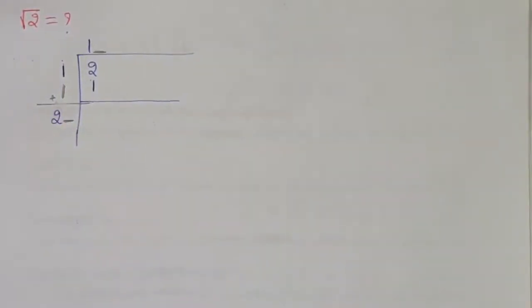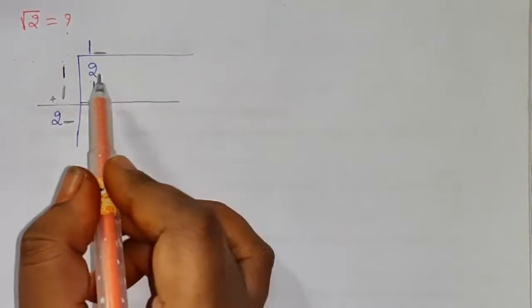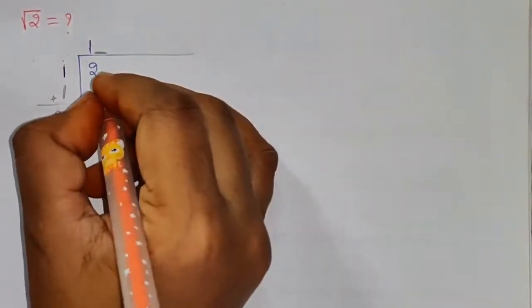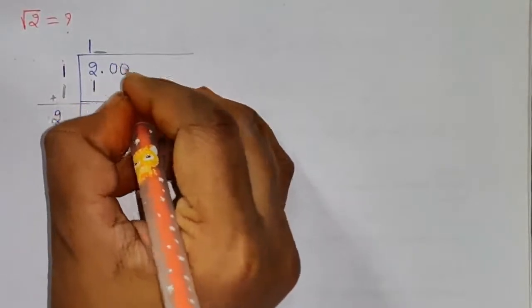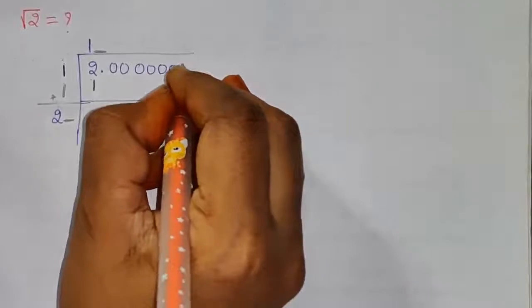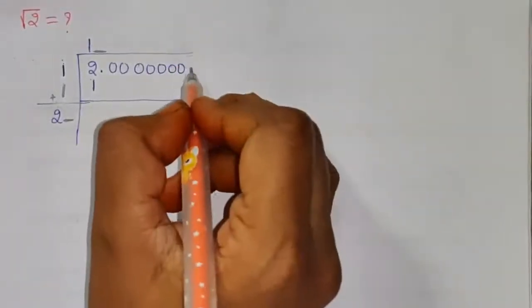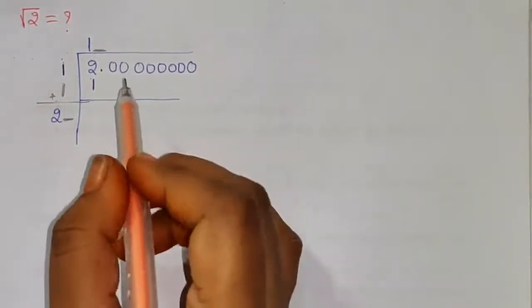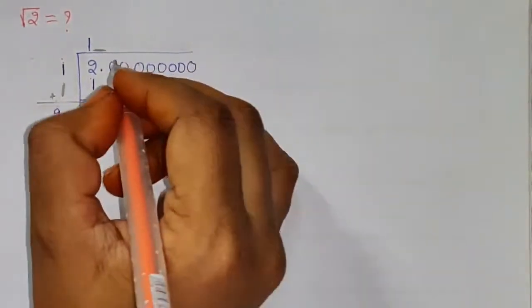But there is no other number after 2, so we need to take a decimal point and zeros. How many zeros? There is no fixed count for these zeros, because we don't know exactly where it ends. So we will take up to some extent. I am taking 8 zeros here.